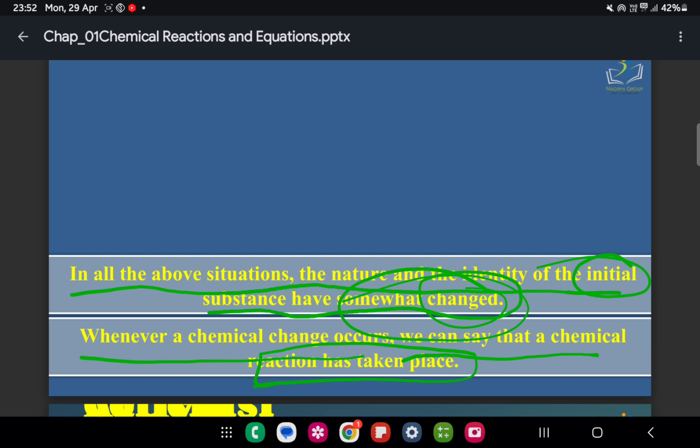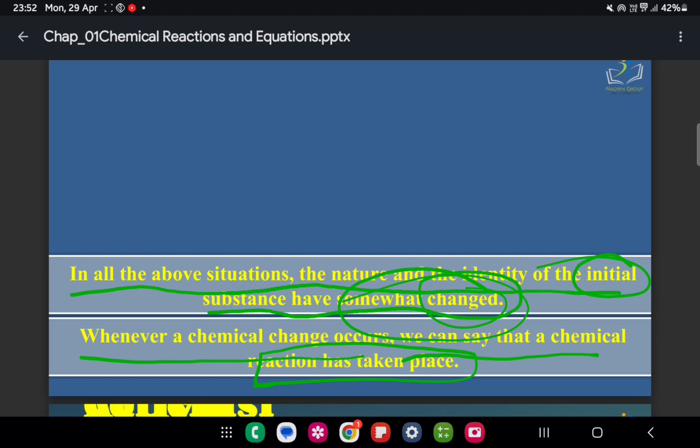If any chemical is changed or any new chemical is formed, it is known as a chemical reaction. Among the examples we have seen, the iron tawa or nail rusts. So these are chemical reactions that take place when iron reacts with moisture.